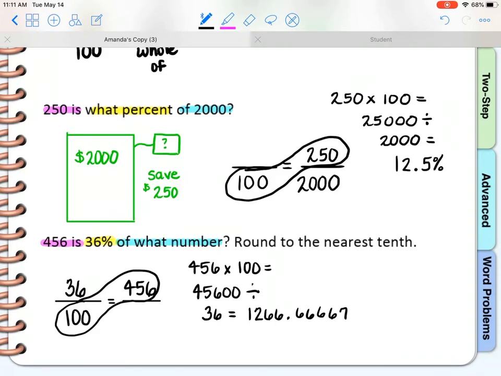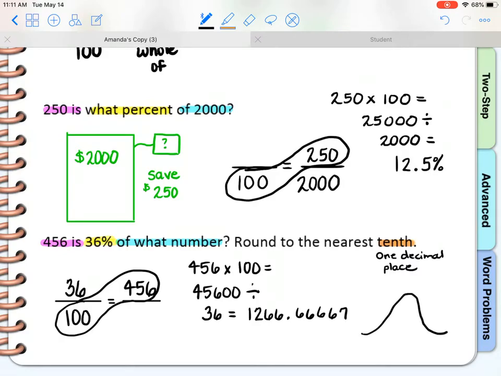But they want me to round to the nearest tenth. So we have to know what that means. Tenth is 1 decimal place. So when I get finished, I should have 1 decimal place. And let me remind you of the rounding rule. It may be a while since you've seen this.